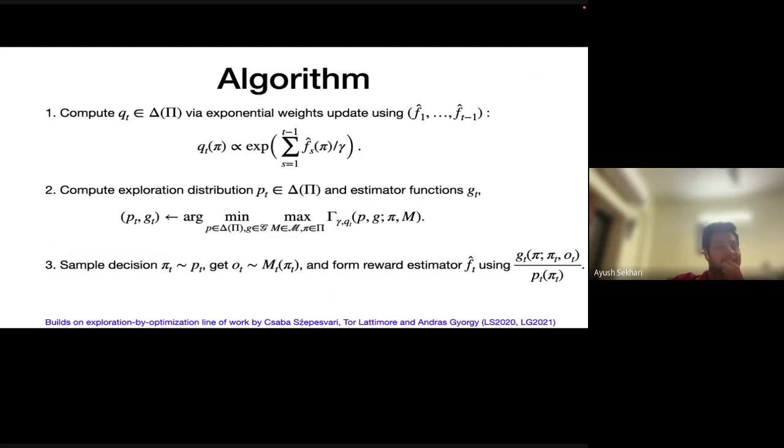So I think the main contribution that solidifies this particular effort is to show that exploration by optimization objective is actually related to DEC, and as I will show later, also related to information ratio. That shows it's the right thing if we care about the min-max. I hope that makes sense.